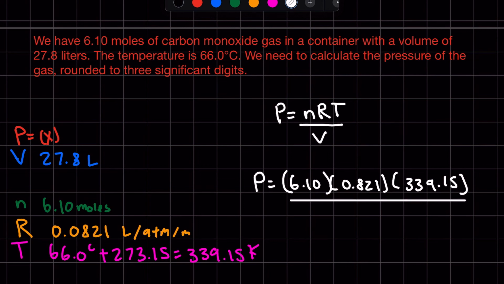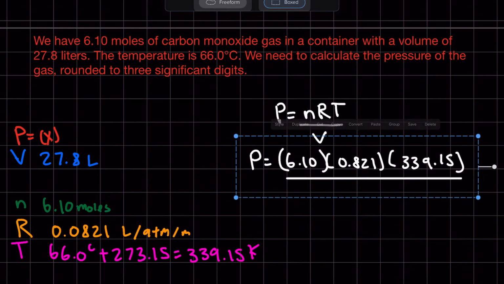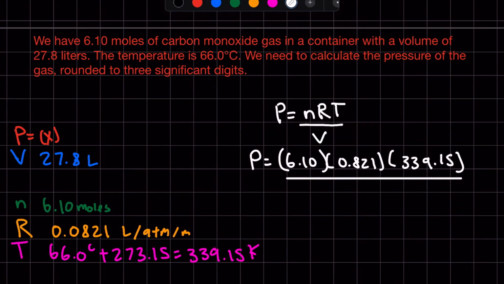Okay, so we have P is going to be equal to our nRT, and then that's going to be over our volume, which is 27.8 in liters.